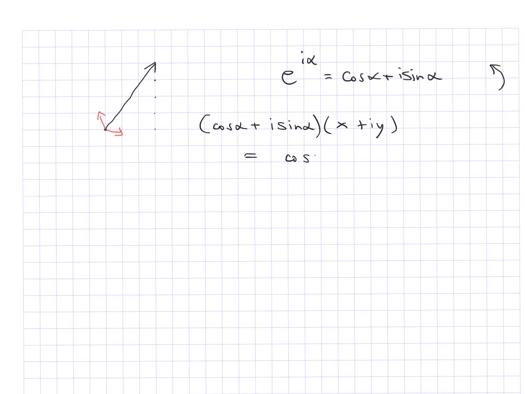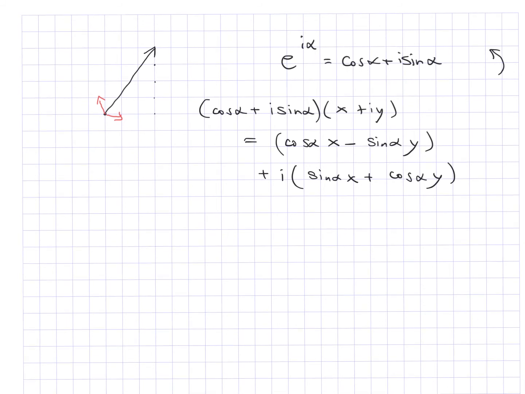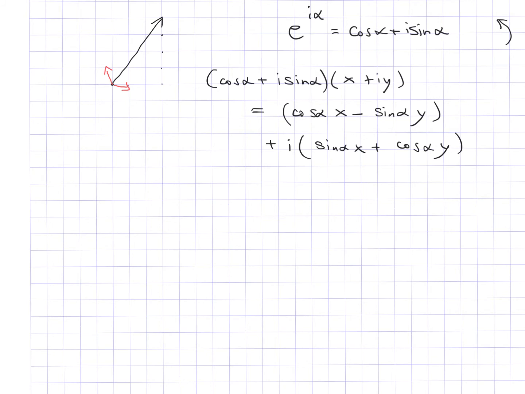and I know how to multiply complex numbers, right? You get cosine alpha x minus sine alpha y, and you get plus i times sine alpha x plus cosine alpha y. The best way to see this calculation is by making it real and writing the vector in the form x, y and having a cosine alpha here, a minus sine alpha here, a sine alpha here, and a cosine alpha there.